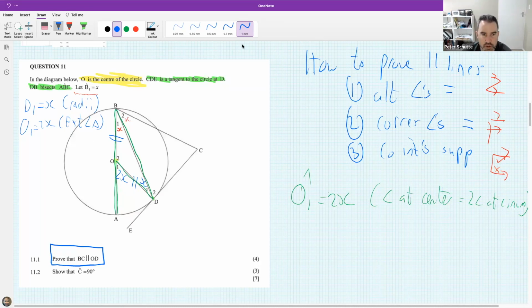Which of the 3 ways are we going to use to prove this is parallel? Actually, there are 2 ways you can do it. I can see 2 ways. So I would say BC is parallel to OD, but what would my reason be?